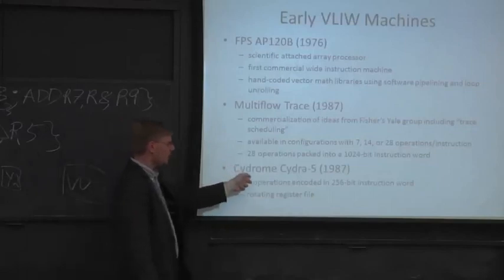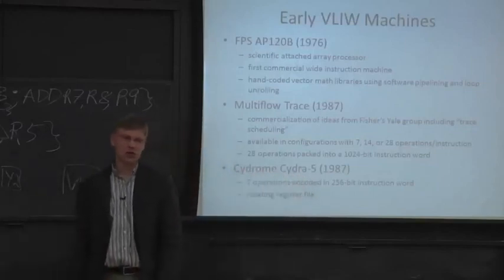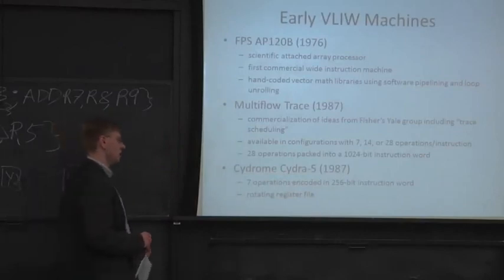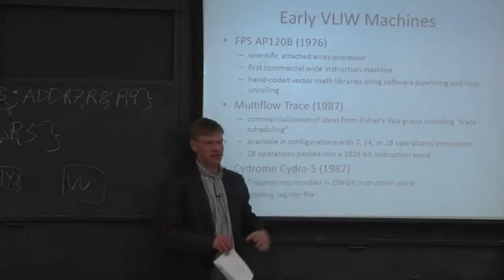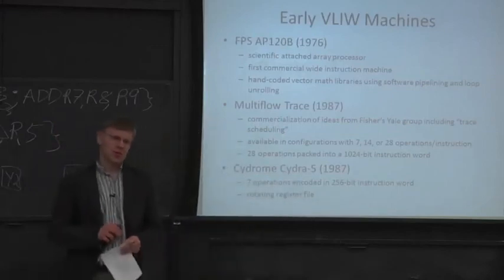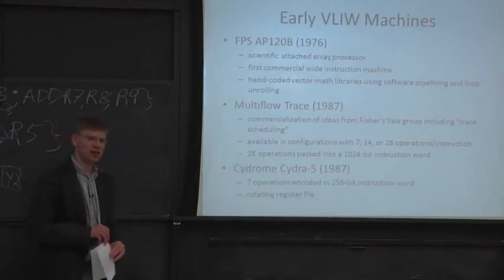At the same time, there was also another company commercializing a very similar idea. This was the Cydrome Cydra 5. This was Bob Rau, who's another very famous computer architect.